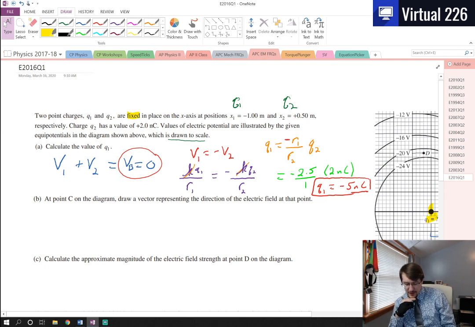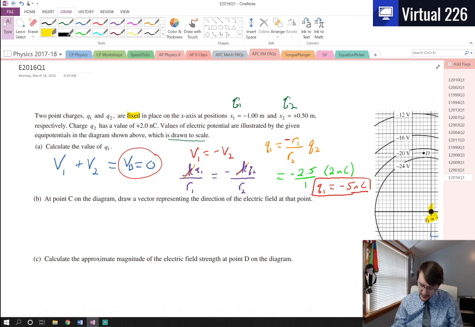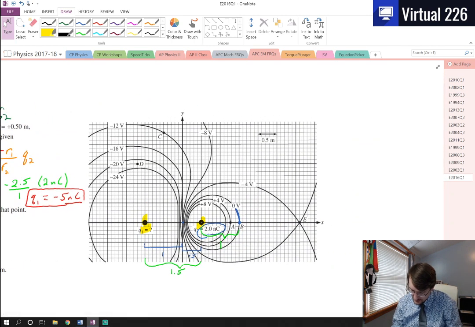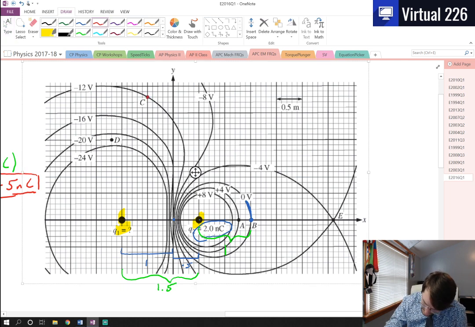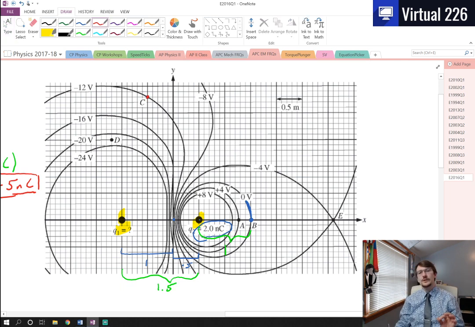At point C on the diagram, draw a vector representing the direction of the electric field at that point. So first, let's find where C is. C is up here. And we're looking to draw the electric field. It's important to remember that the electric field is always going to be perpendicular to the equipotentials or the isolines.